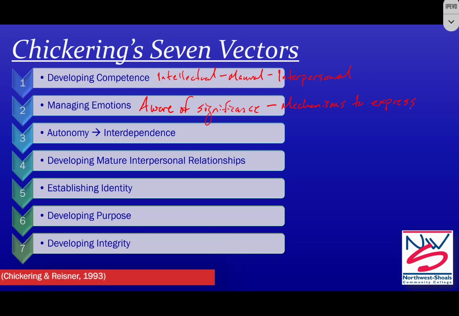The third vector is moving from autonomy to interdependence. And so what you see here is that students begin to no longer need approval from external authorities, right? They don't need anyone to tell them that what they're doing is okay or right or wrong. They don't need validation from other people.